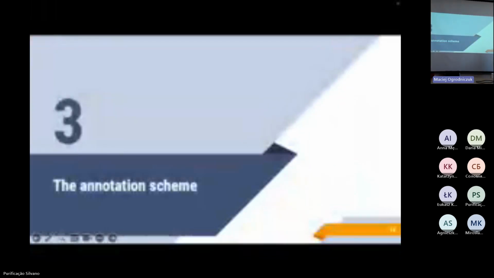So, because of this, we thought of developing our own annotation scheme, having as a base the different parts of ISO 24617. To develop the annotation scheme, we had to follow what is called the MAMA cycle. I don't know if you heard about it.